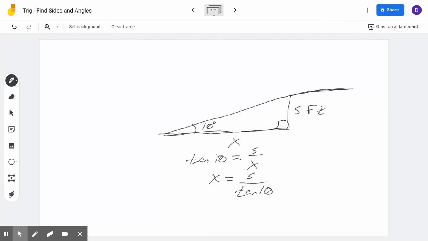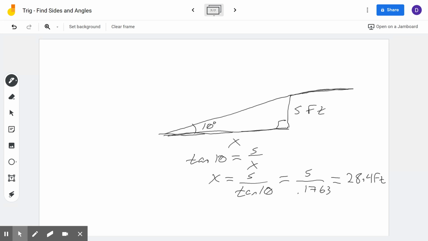Tangent of 10 degrees is 0.1763, so it's 5 over 0.1763. Remember, trig ratios go out to 4 decimal places. So 5 divided by that tells you that you would have to build it out 28.4 feet.